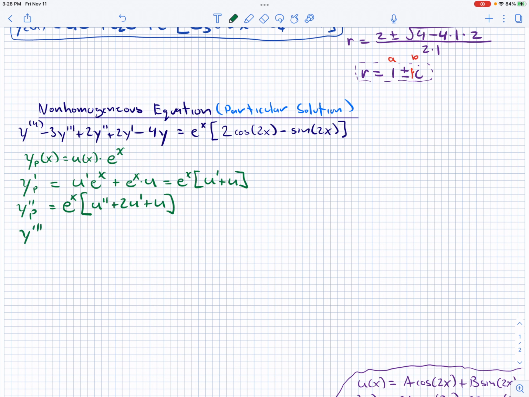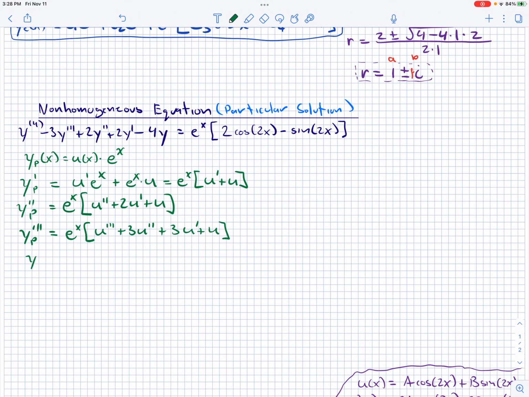And the triple prime, again, using the product rule, you end up with e to the x times u triple prime plus 3u double prime plus 3u prime plus u.